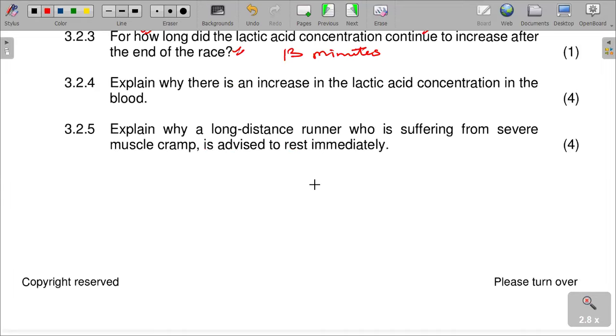Explain why there is an increase in the lactic acid concentration in the blood.